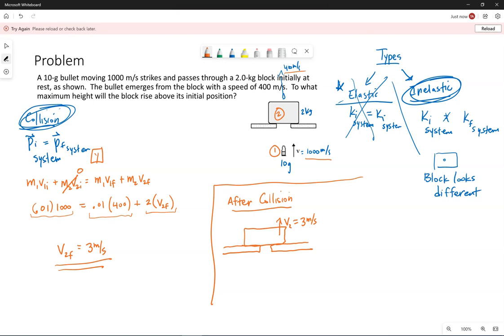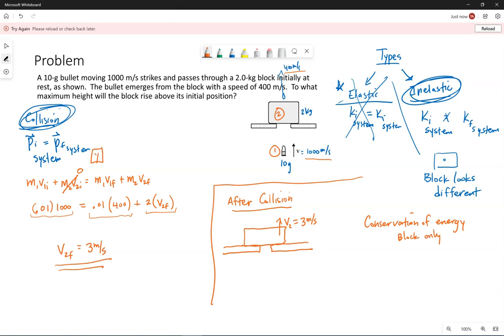And so now, for the block itself, the bullet got it to move, which means the block has kinetic energy, and the block's kinetic energy will turn into the block's potential energy, that interaction with the earth due to gravity. So we can use conservation of energy for the block itself.